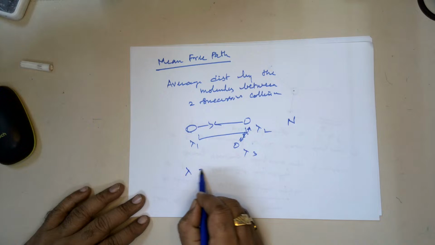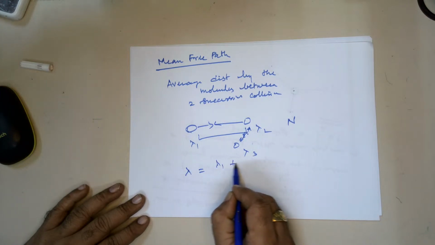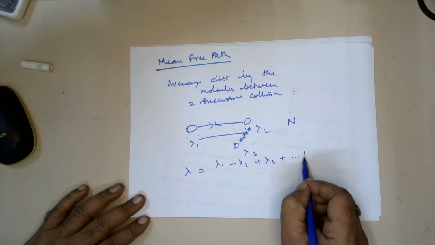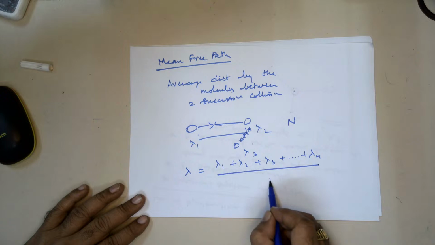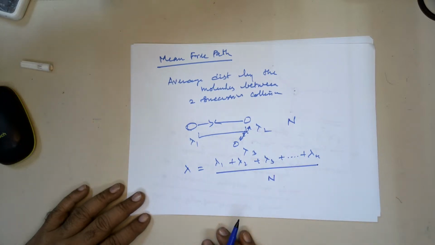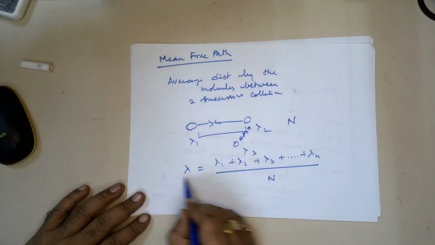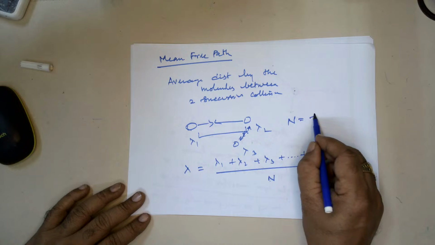In that case, the mean free path is lambda 1 plus lambda 2 plus lambda 3, etc., up to lambda n, whole divided by n, where n is the total number of successive collisions.